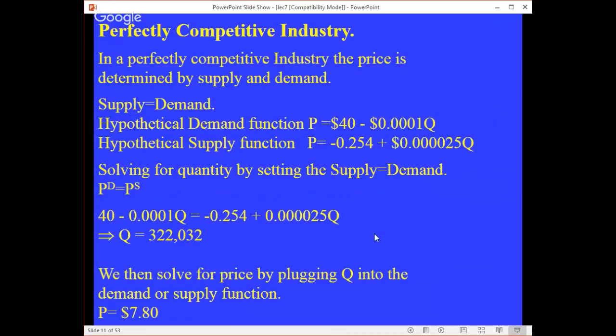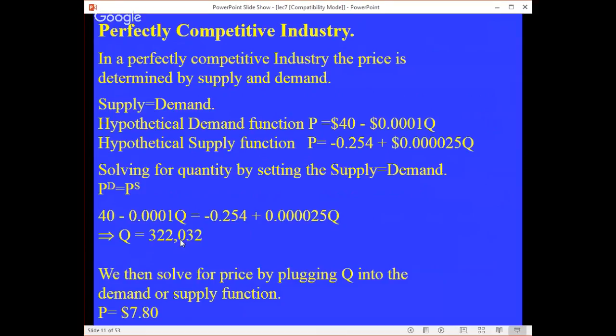I have 40 minus 0.001 Q equals negative 0.24 plus 0.000025 Q. I do the same thing over here. I take this over to this side. I take the negative 0.001 Q over to this side. And then I divide the 40 by 0.00125.